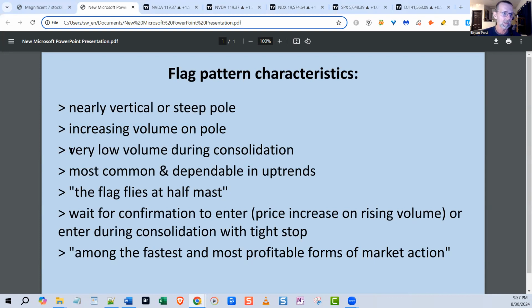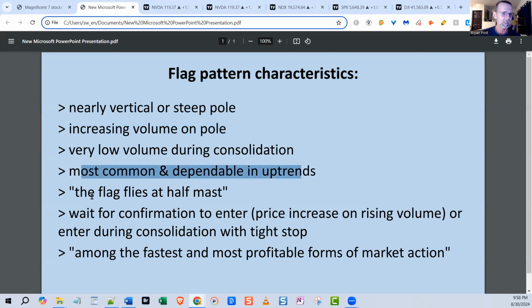Very low volume during the consolidation, that's when price is forming the flag. Ideally, we want to see volume drop off. It's most common and dependable in uptrends, and that's where we were applying the pattern.